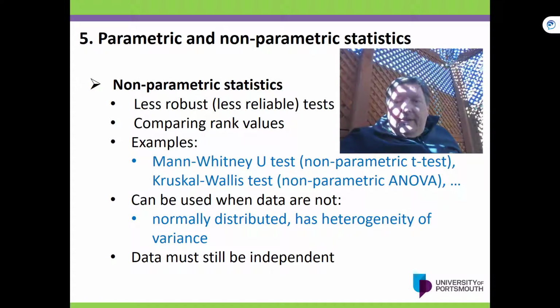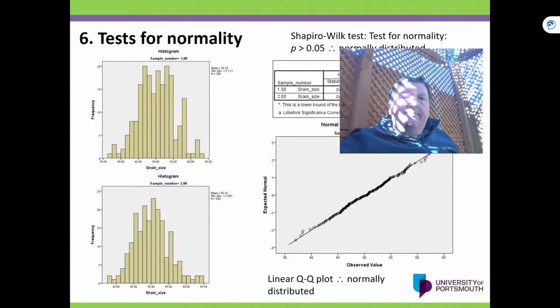You can use that when data is not normally distributed, or you have a heterogeneity of variance. But data must be independent, though. For both the non-parametric and the parametric statistics, the data must be independent.